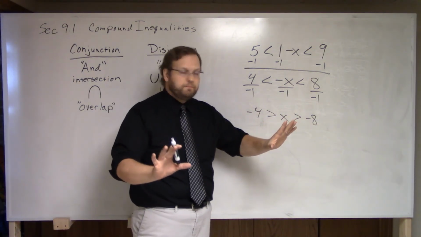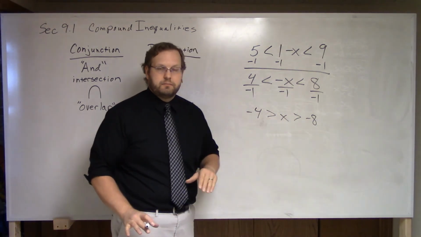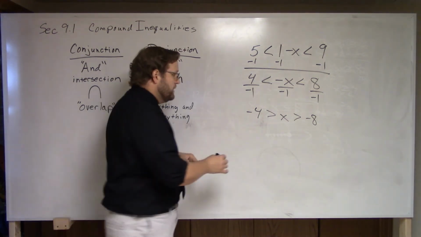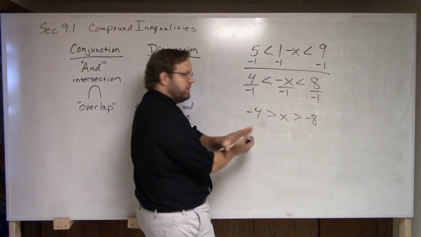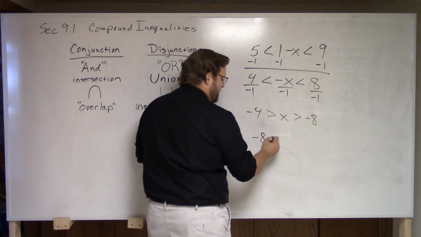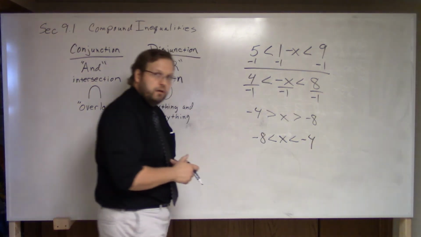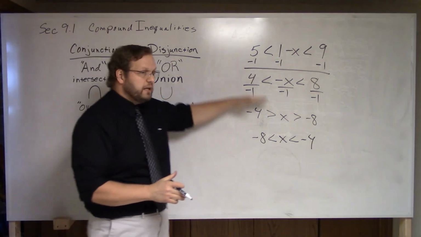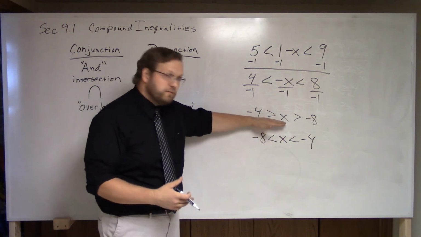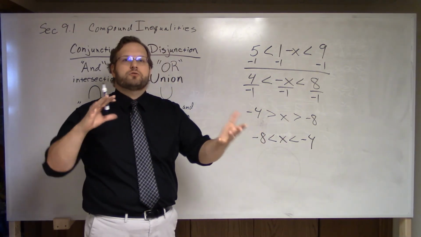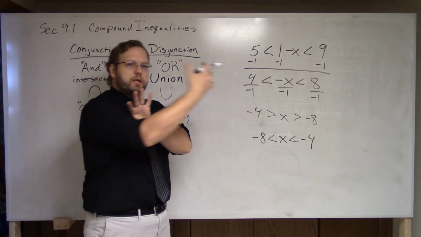That makes sense. However, I don't want to leave it like this, because I always want to write things in numerical order, small to large. So I would flip this entire thing and go from negative 8, bigger to x, bigger to negative 4. Whenever you have that flip, make sure you flip it because you divided by a negative, but then flip everything so you have that true correlation from the small to the big.